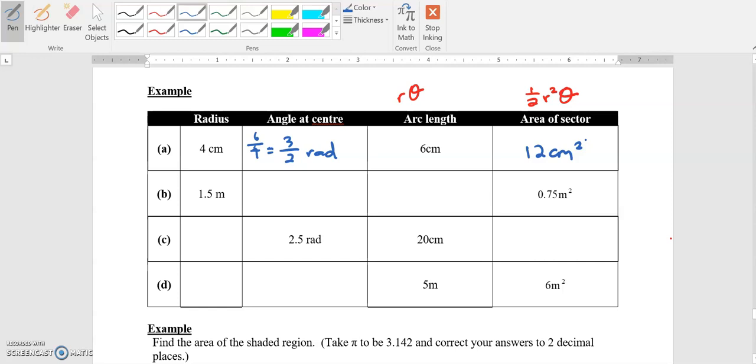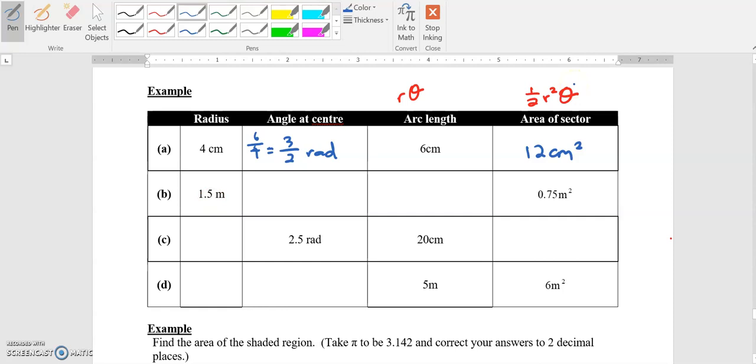On the other side, if I'm given area of sector this time at 0.75 meters squared, and I want to calculate the angle of sector given a radius of 1.5 meters. I know that my formula for area of sector is half r squared theta, and I know that my r is 1.5.